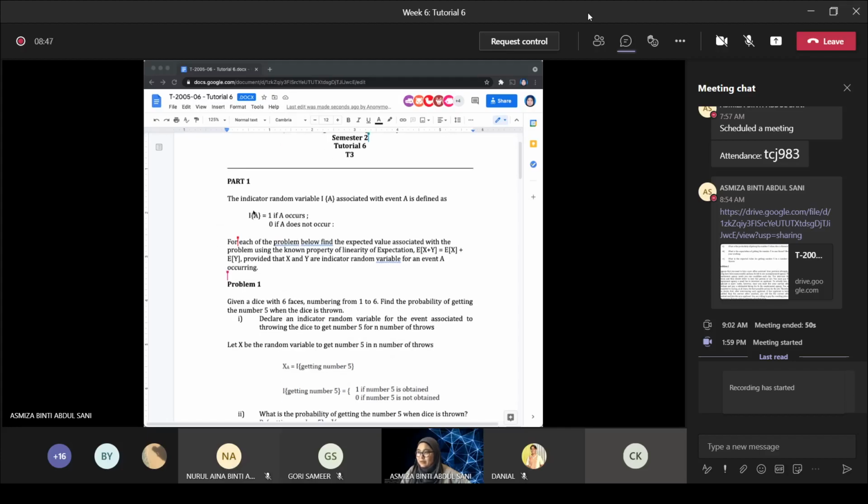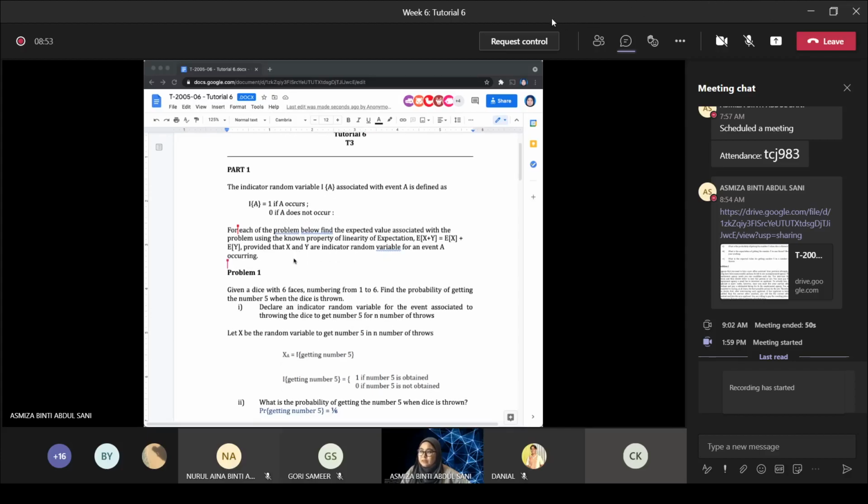Let's look at part one. Let's say we have this IRV A associated with some event A, and we can define IRV A as 1 if A occurs, 0 if A does not occur.